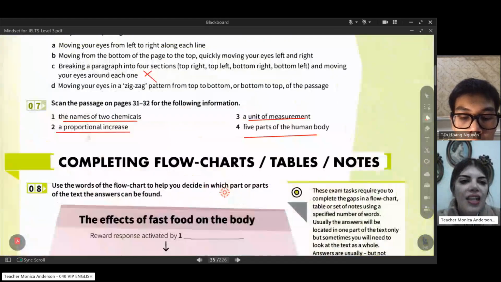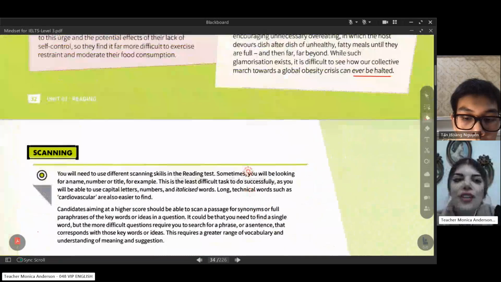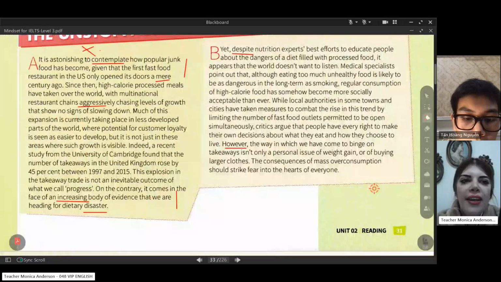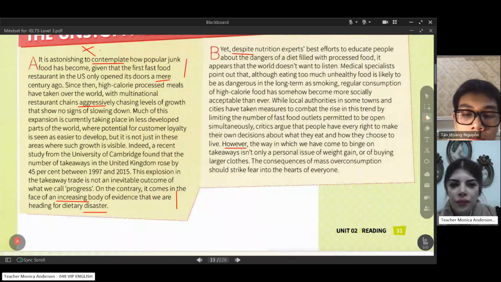Okay, and now the next one. A proportional increase, like percent increase, and percent. So let's get started from the beginning. Let's check if we can find it. You need to find a percent and something like a synonym of increase. Yes.